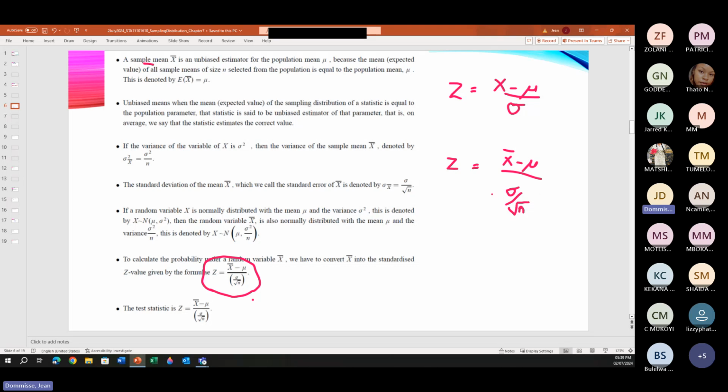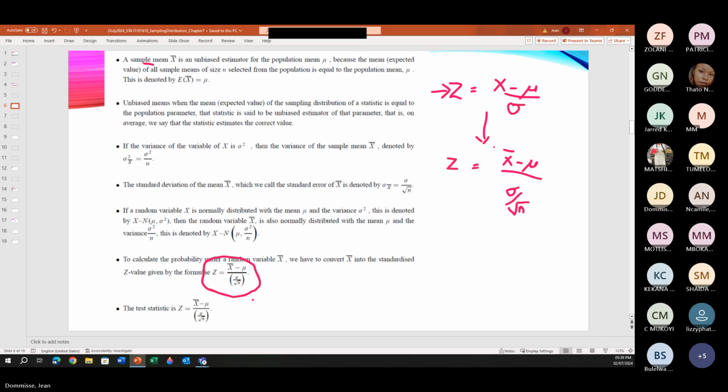That is the only change between what we worked with in study unit 6 and the move to study unit 7.